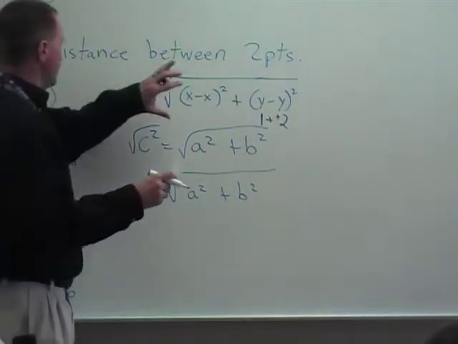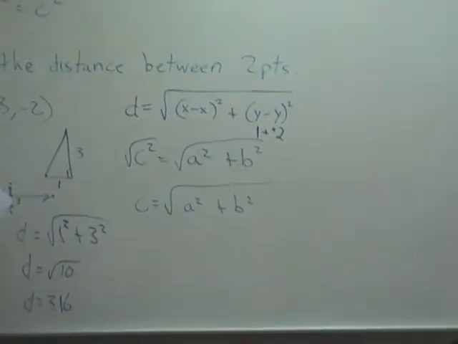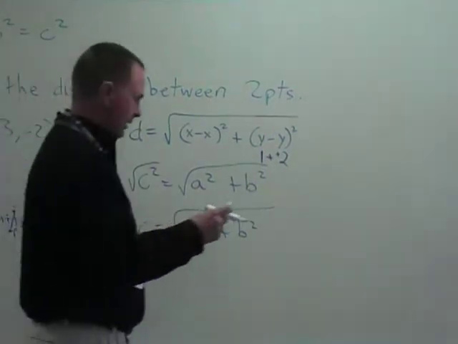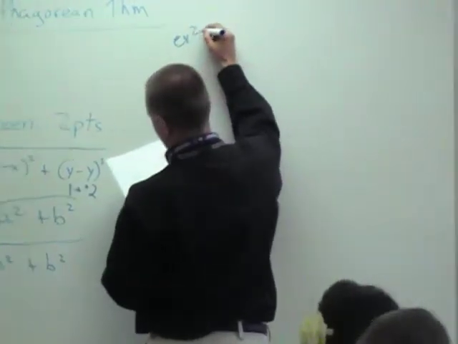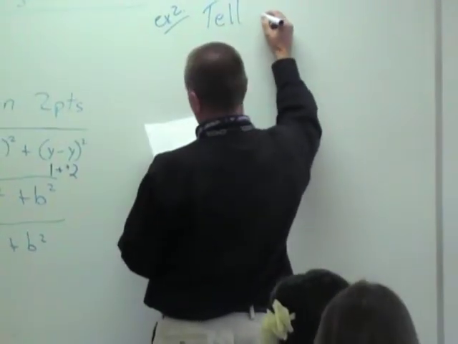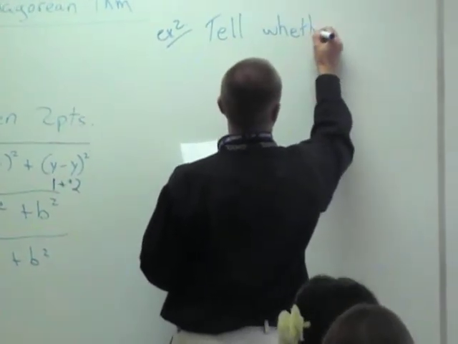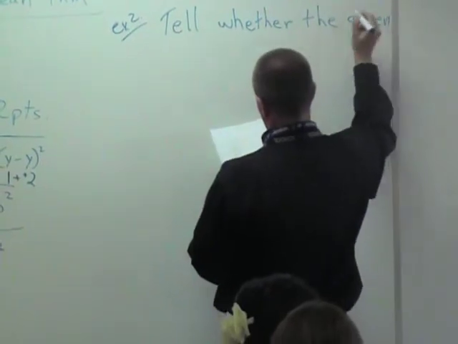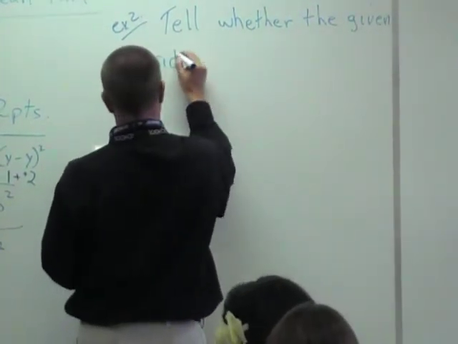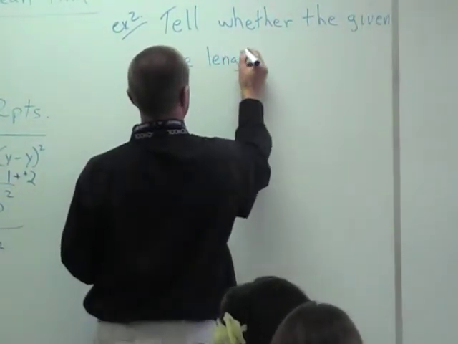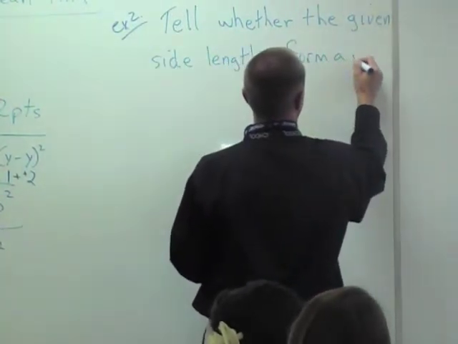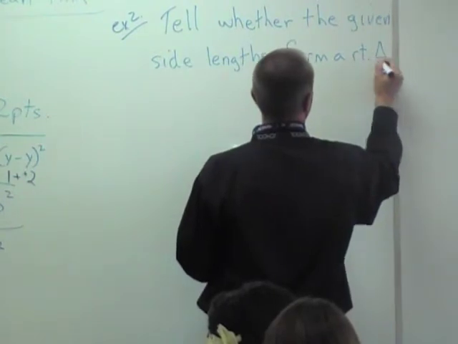All right. So that's the problem, just to help you understand where the distance formula came from. Let's go ahead and do example 2. Tell whether given side lengths form a right triangle.